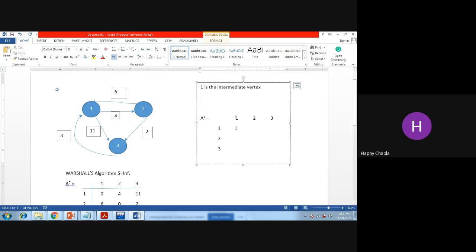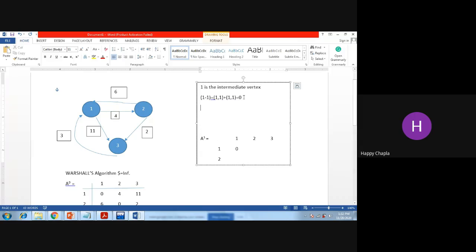Now over here, if we want to find the path from 1 to 1, we cannot directly write it. First we need to find the path from 1 to 1 plus 1 to 1. But there is no self loop, so that is 0, and previously it is 0, so we write 0.